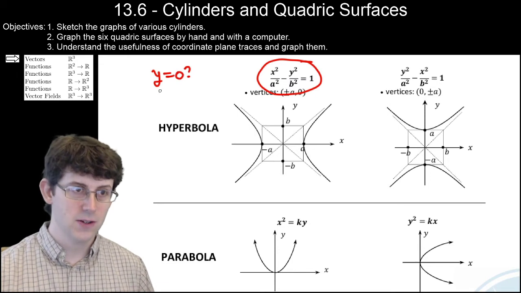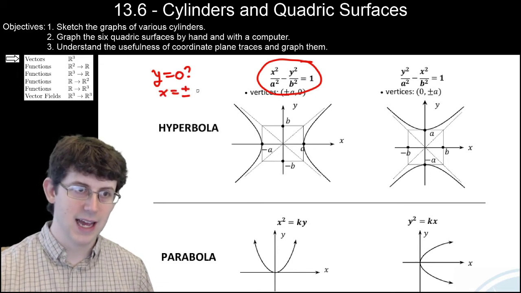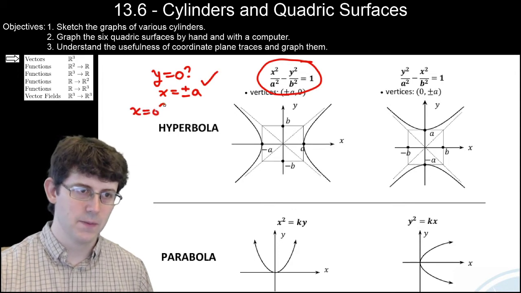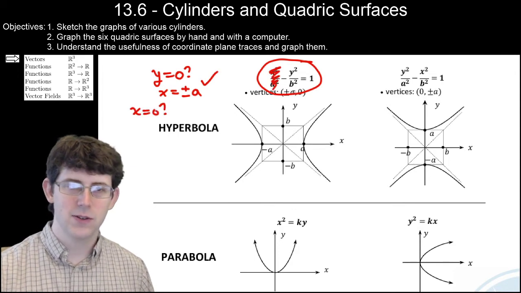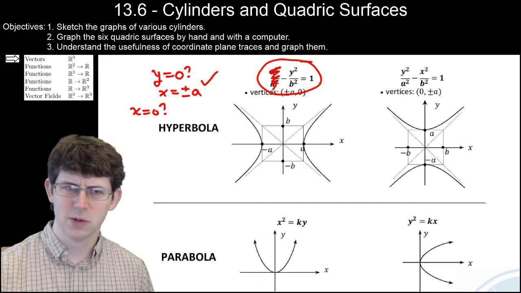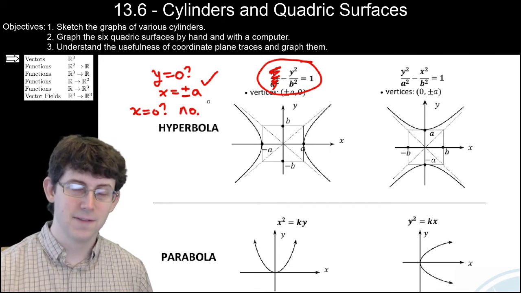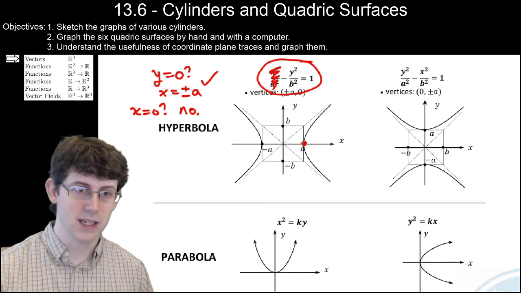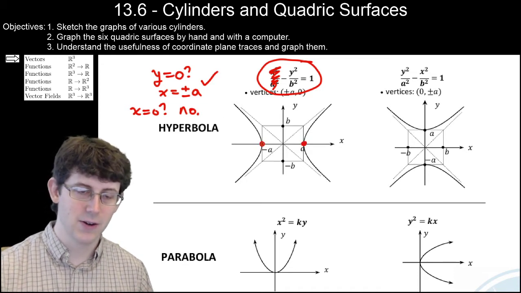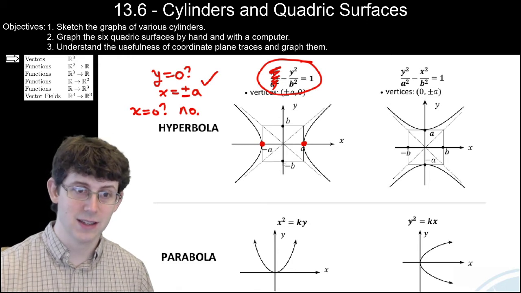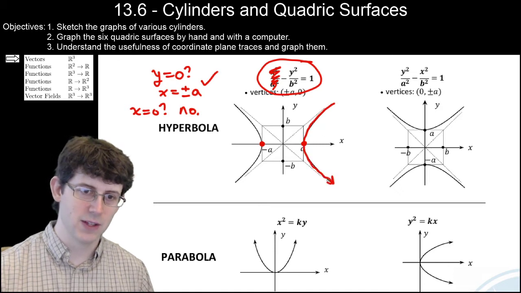When y equals 0, you get that x is plus or minus a, and that works. And then what if you try x equals 0? If x equals 0, you get a negative square equals 1, and that doesn't happen. So to graph the starting points for this hyperbola, you'd get that y equals 0, x equals plus or minus a, and then you'd know that there's no point here on the hyperbola. So that tells you that the hyperbola must go this way.